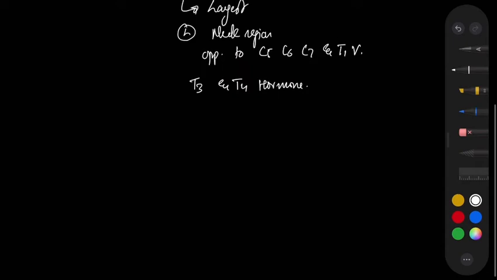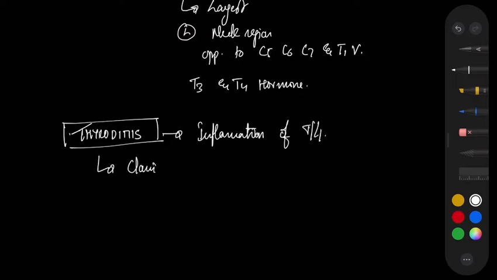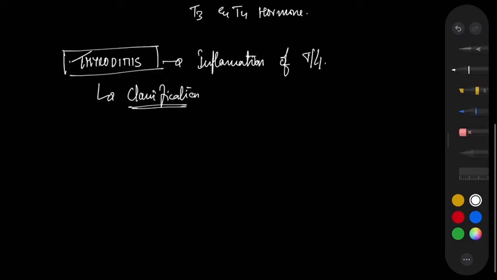Alright, so now coming to its pathology, we will be starting with the inflammatory conditions. We'll be starting with your thyroiditis. So what is thyroiditis? We know thyroiditis is the inflammation of the thyroid gland. Now, we can classify this thyroiditis based on two things actually, based on the onset and your duration.